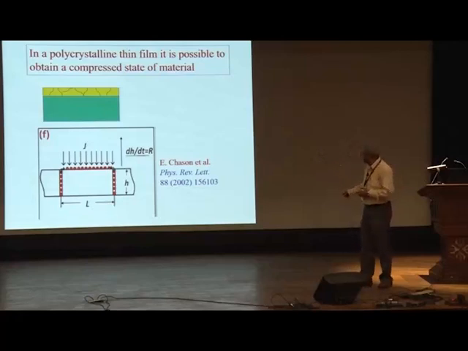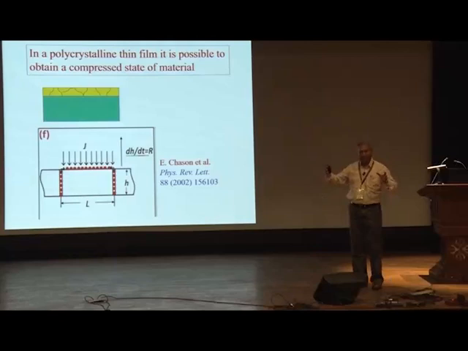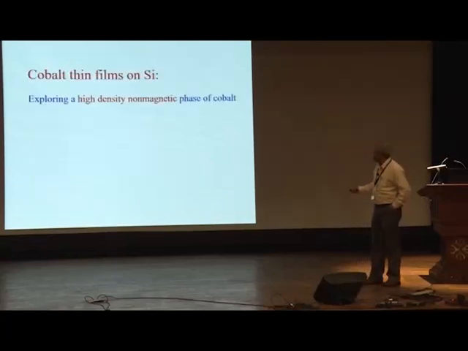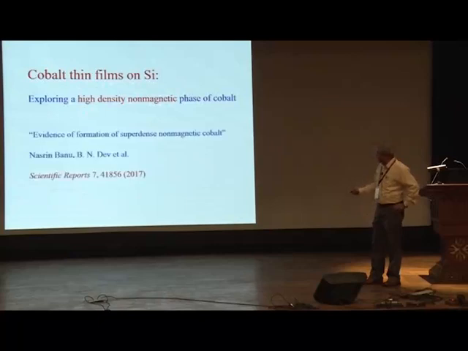Some experiments have been done by these people, and they have shown that through this mechanism you can have a high density phase of a material. So we have taken this path, along with theoretical calculation, to explore these areas. We explore a high density non-magnetic phase of cobalt in a thin film. This work was already published in February this year.